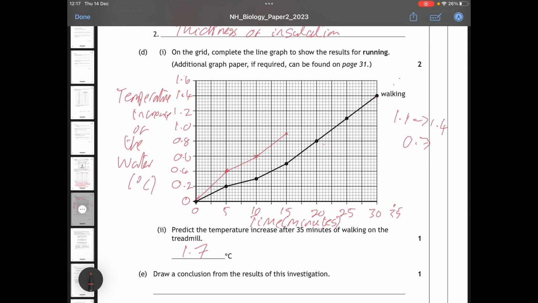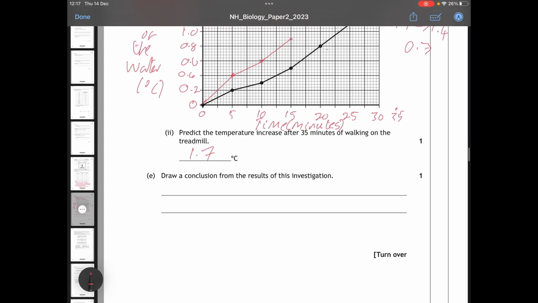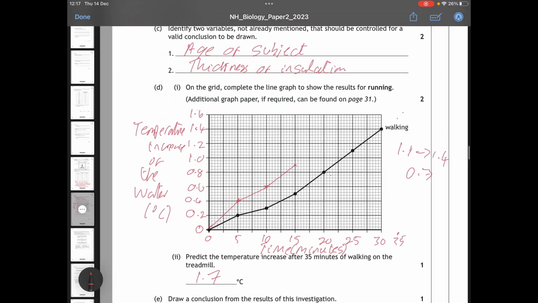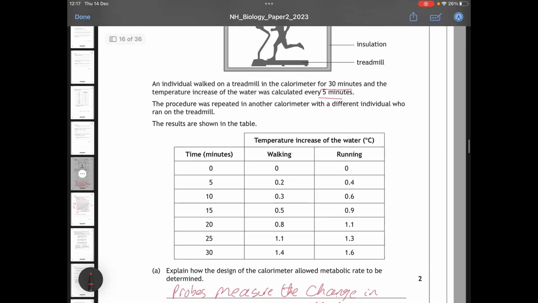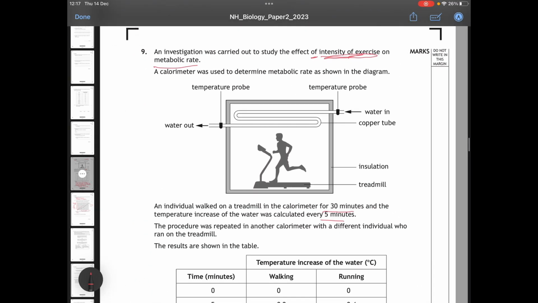Okay. Last question for now. Draw a conclusion from the results of this investigation. And this is where it's so important to go back to your aim. Running is obviously the more intensive form of exercise. So if I look at my aim, it's the effect of intensity of exercise on metabolic rate. So your answer must relate to that. You don't need to mention temperature, you don't need to mention the time.